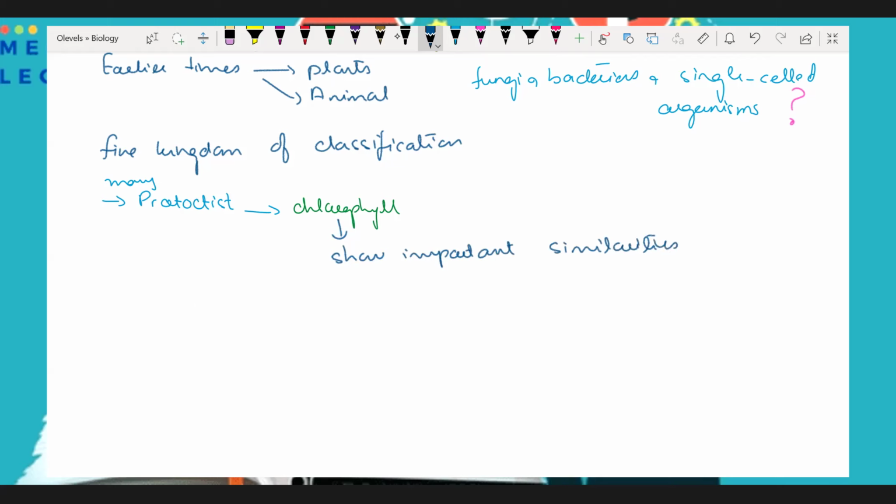They show important similarities to some members of the algae.